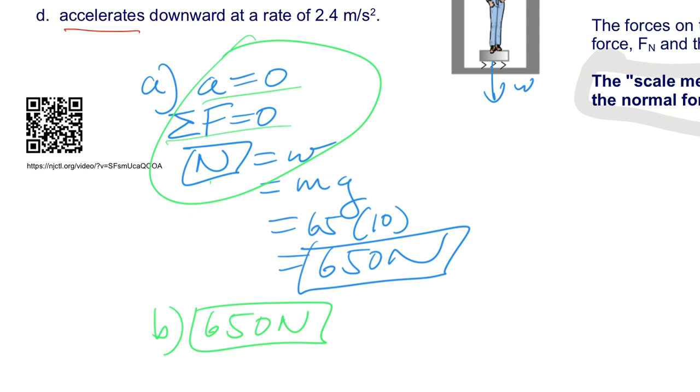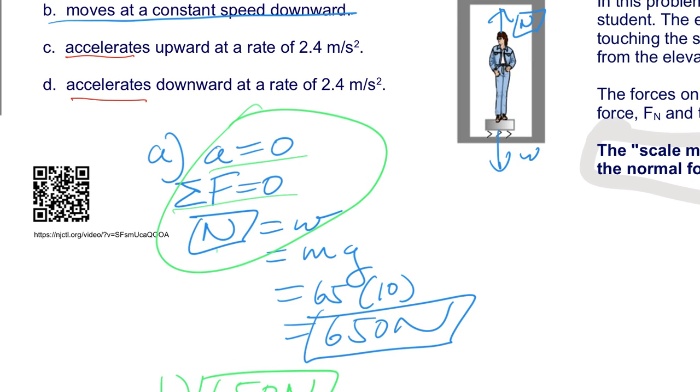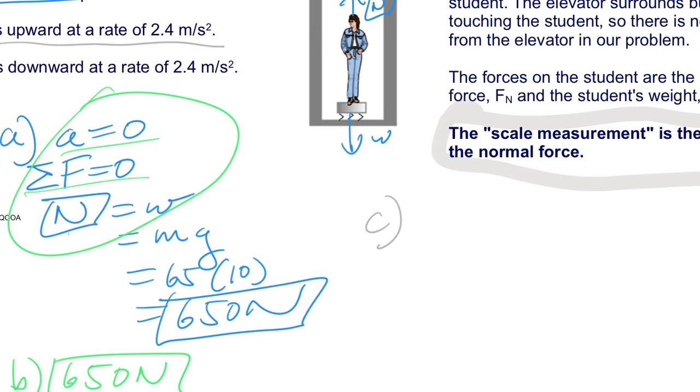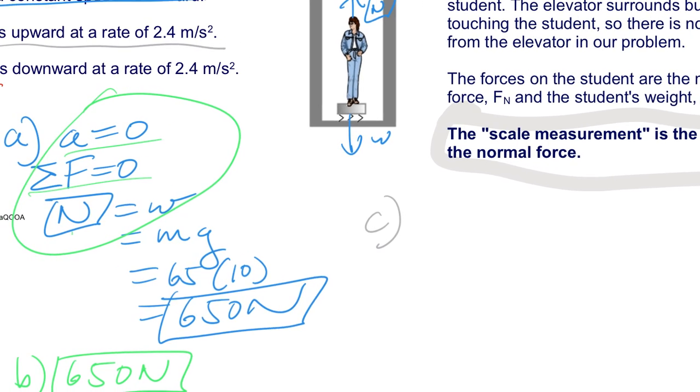Okay, how about letter C? Where she accelerates upward at a rate of 2.4. Okay, so she's going upward. There she is. The acceleration is upward, positive 2.4.